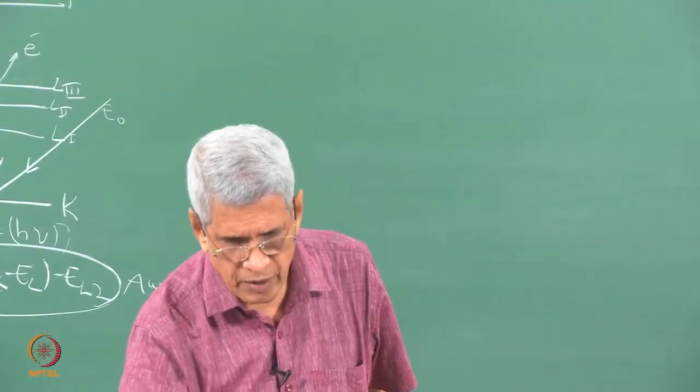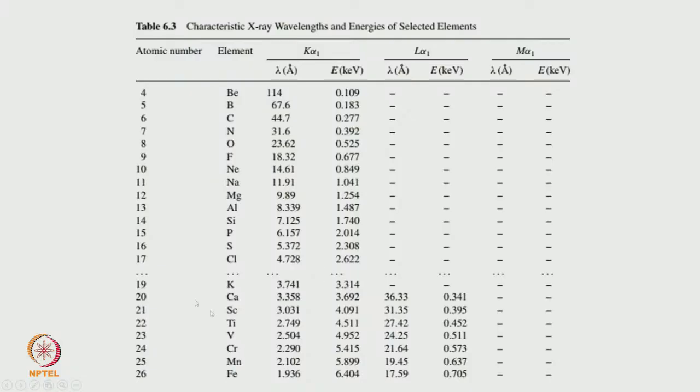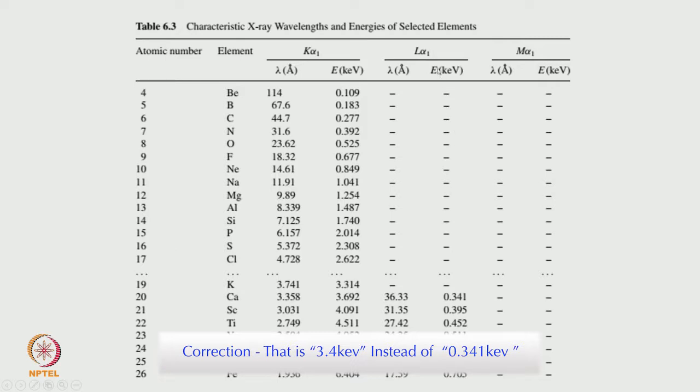But what is important here is that, suppose we take the case of calcium, the energy of the K alpha X-ray is 3.69 keV, but the energy of the L alpha X-ray is 3.41.